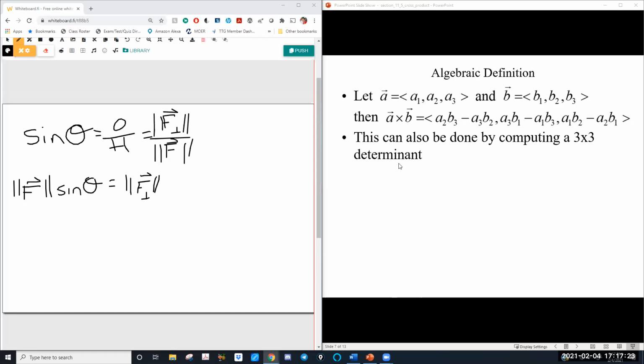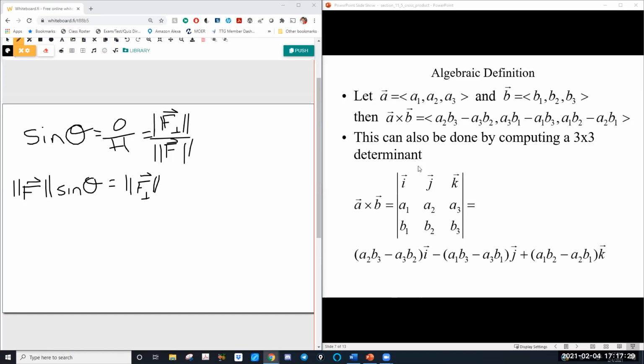You can also do the algebraic definition by computing a 3x3 determinant. So you would think of this as a 3x3 matrix. We'll talk a little bit about the determinant here because it's coming up. The determinant of a 3x3 matrix is not really going to be a topic we talk a lot about in here, so I'm not going to get into what a determinant is.